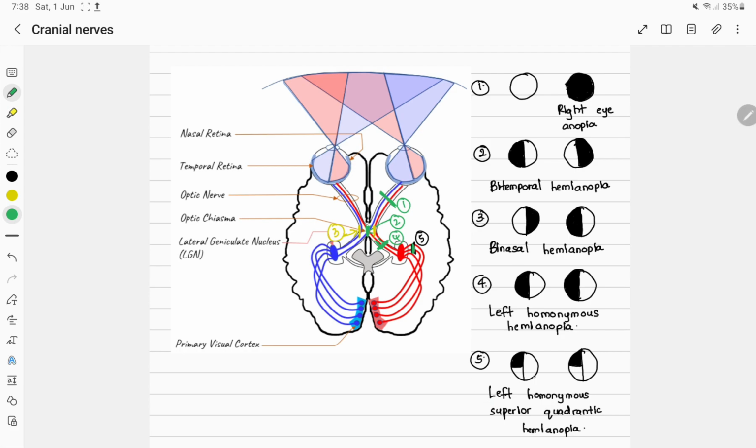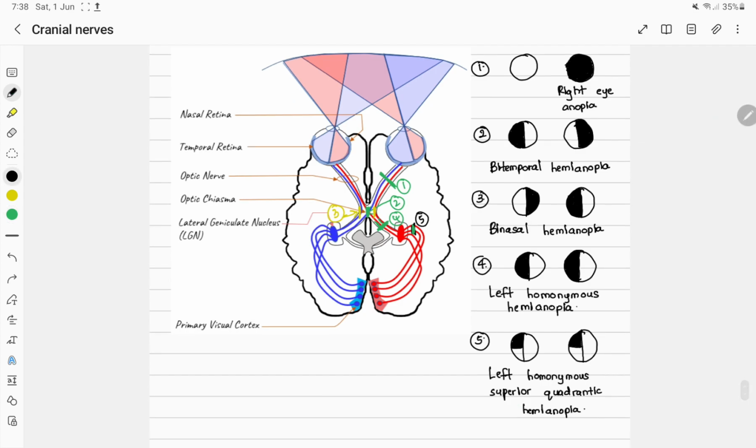Here I have mentioned the quadrants separately, but the homonymous hemianopia actually occurs in these quadrants according to the fibers damaged in the optic radiation. You will have to remember only that there may be left-sided homonymous hemianopia if the right-sided lateral geniculate body or right-sided optic radiation gets damaged.